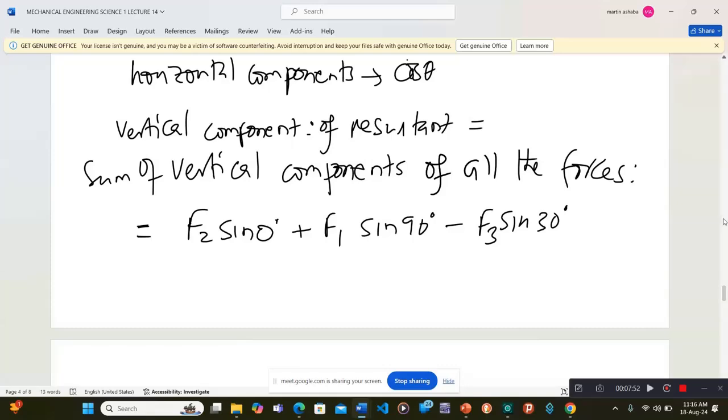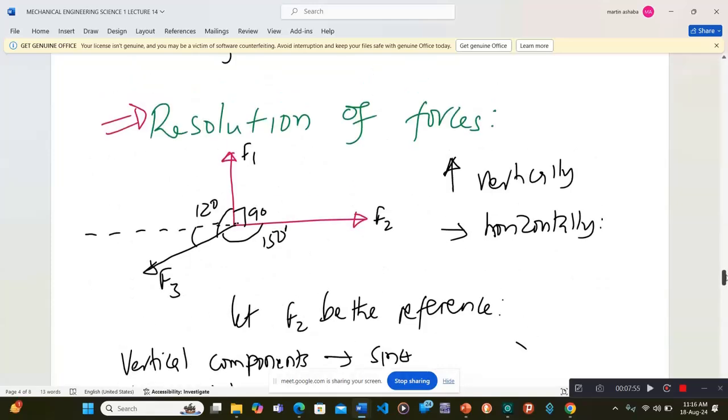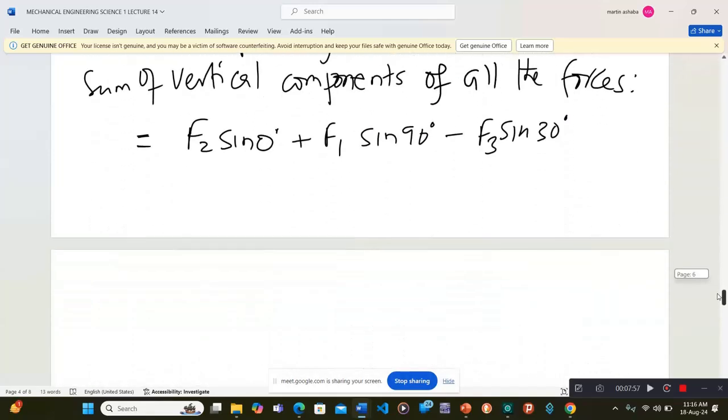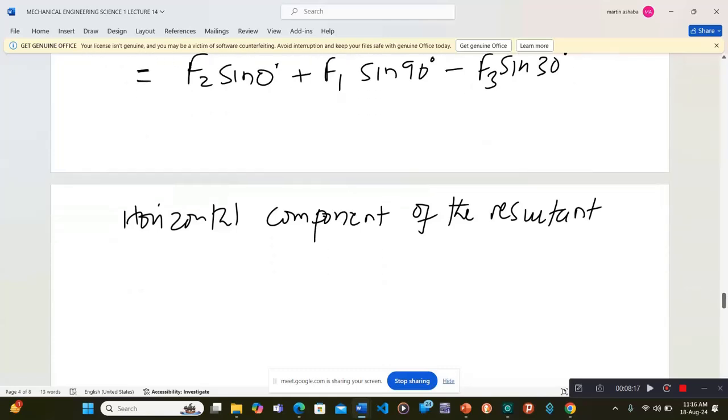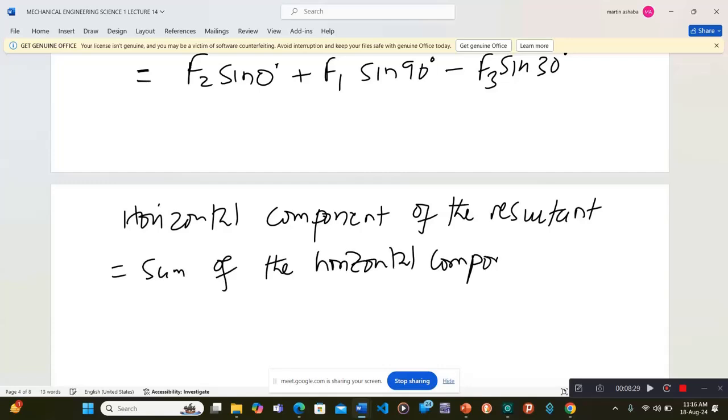We proceed. What is the horizontal component of the resultant? Horizontal component of the resultant, how are we going to get it? It is equal to the sum of the horizontal components of all the forces that form the resultant.